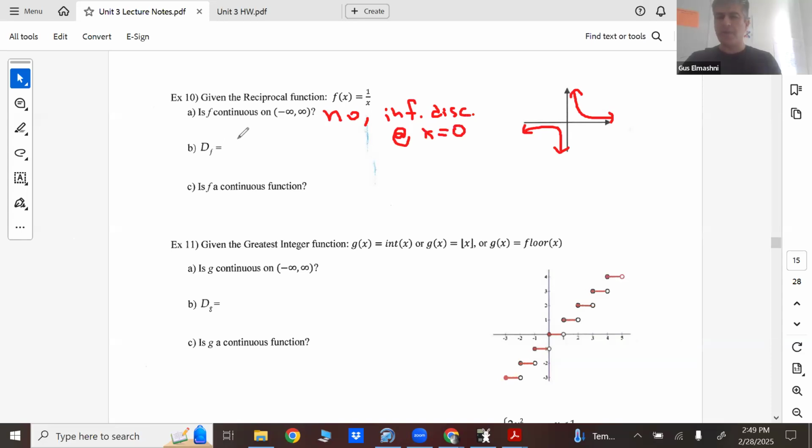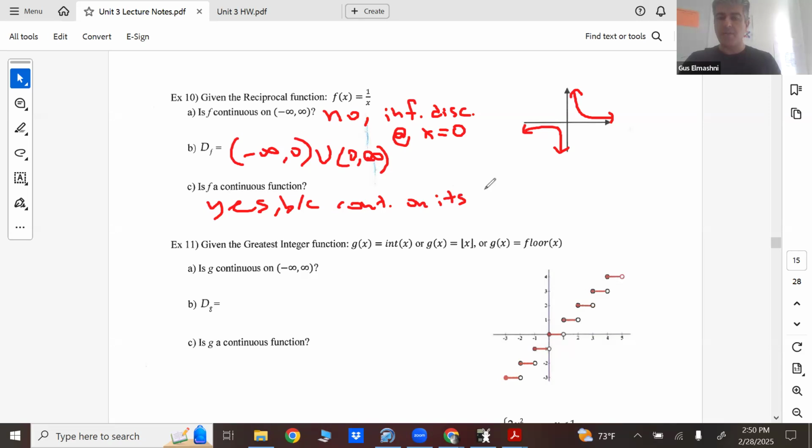What's the domain of this function really? Not all reals. Yeah, negative infinity to 0 and 0 to infinity, 0 not inclusive. Is f a continuous function? The answer is yes, because it's continuous on its domain.